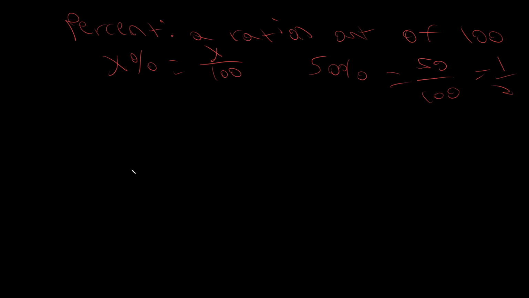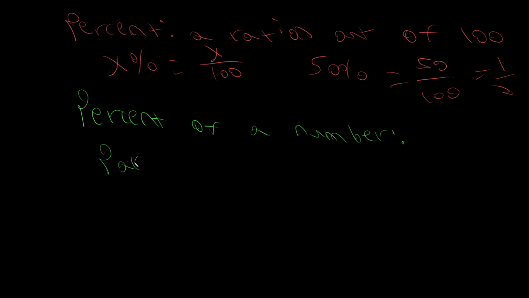And then you have percent of a number. So let's say you want a certain part of a number. The part is equal to the percent times the whole number.